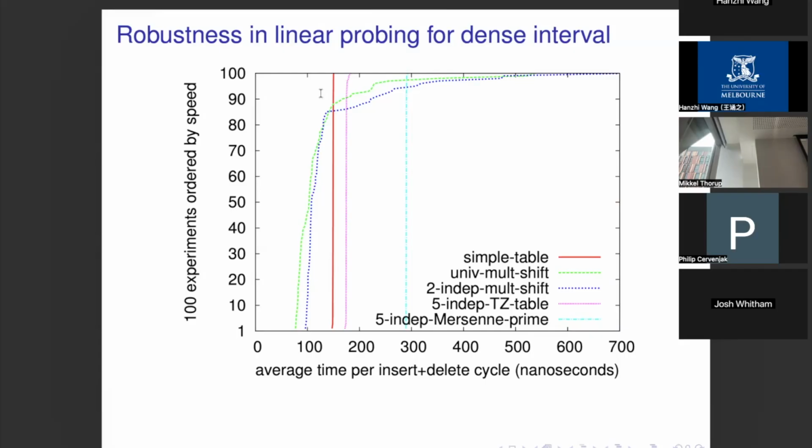So what's going on here? Here I've made 100 experiments. For each experiment, I picked a new random hash function from the family of hash functions that I was considering. And then I took how long it took and I sorted them. So these are the ones that took the longest time. These are the ones that took the shortest time. And then I ran it with linear probing.